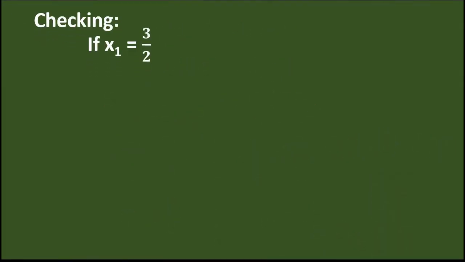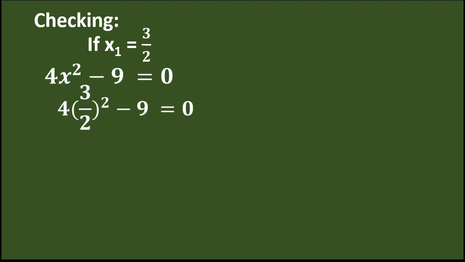Let us now do the checking. If x of 1 is equal to 3 halves, using substitution, all you have to do is substitute. So we have 4 times the quantity 3 halves raised to 2 minus 9 equals 0. The first thing that you need to do is the exponent. What is the square of 3? That is 9. What is the square of 2? That is 4. So it will become 4 over 9.